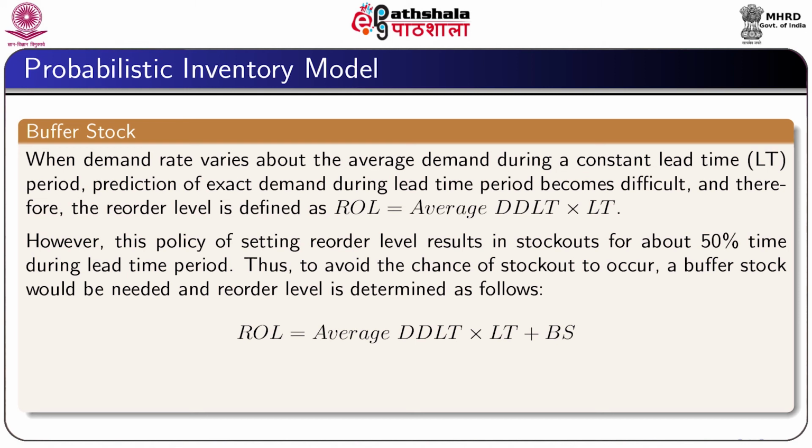However, this policy of setting reorder level results in stock outs for about 50% time during lead time period. Thus, to avoid the chance of stock out to occur, a buffer stock would be needed, and reorder level is determined as follows: reorder level equal to average demand during lead time into lead time plus buffer stock.